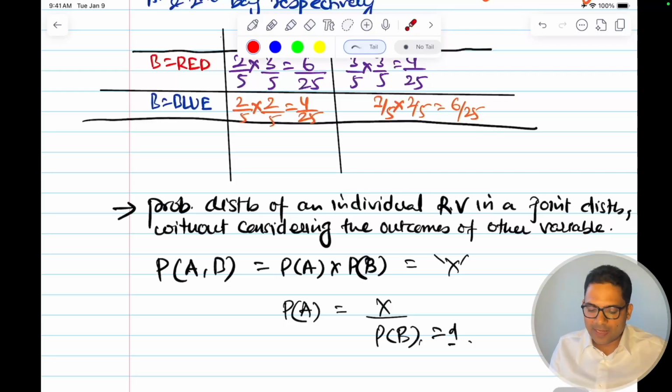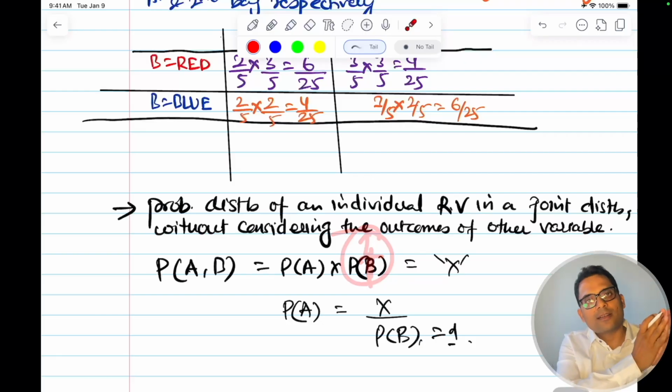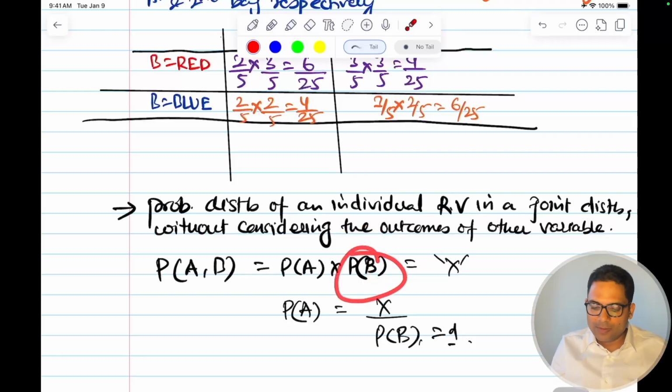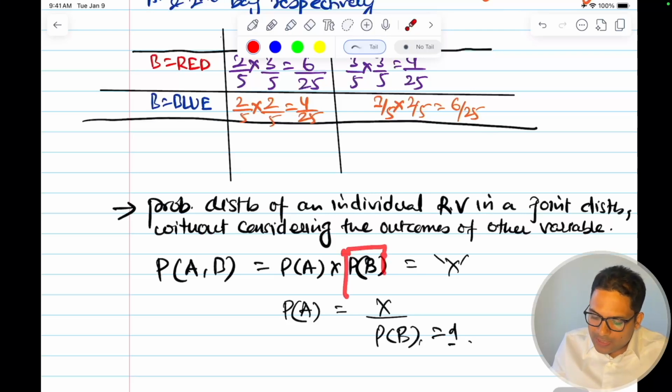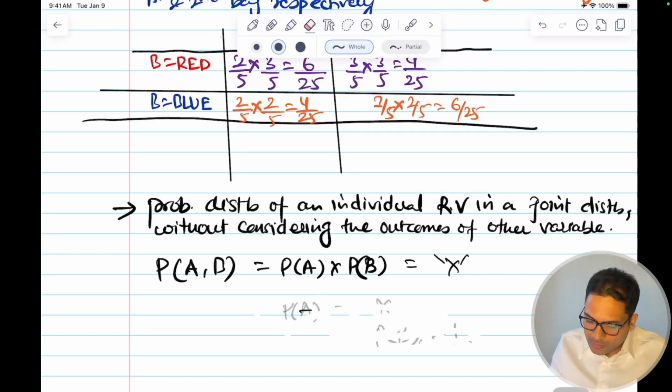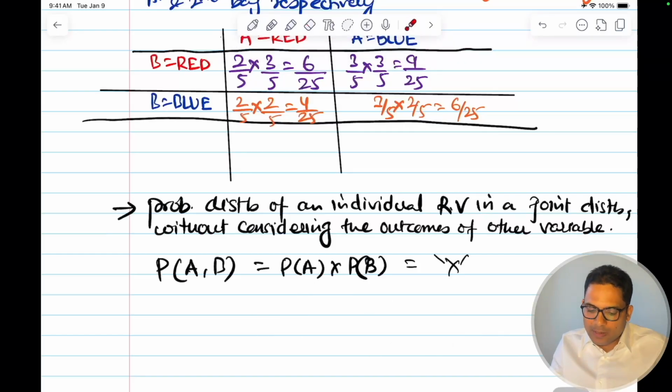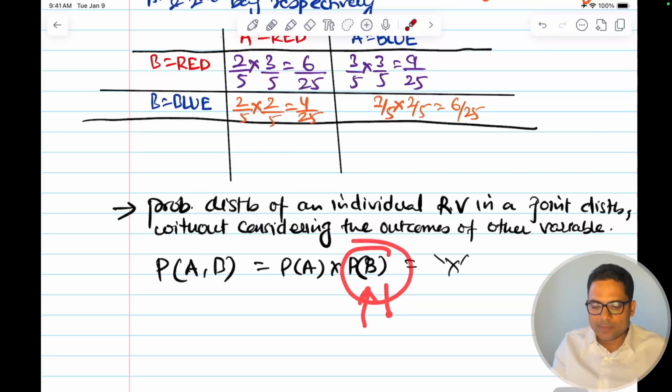If I consider all the possible outcomes of this variable, then its probability becomes 1, so whatever value I get will be the probability of A. This is what marginal distribution intuitively means: if I want to find the probability distribution of A, then I sum up the joint distribution over all the possibilities of the other variable, and this will sum up to 1.